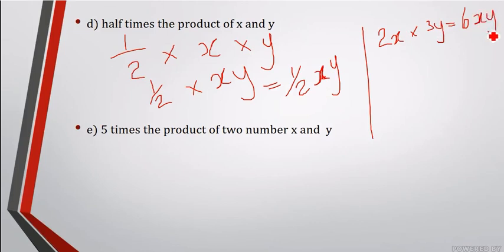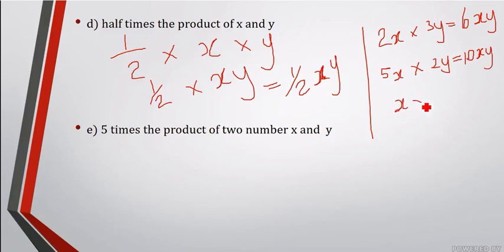So I can multiply unlike terms. Let me give you another example. If I have 5x multiplied by 2y, I can multiply my numbers first. So 5 times 2 is 10, and x by y will give me xy.